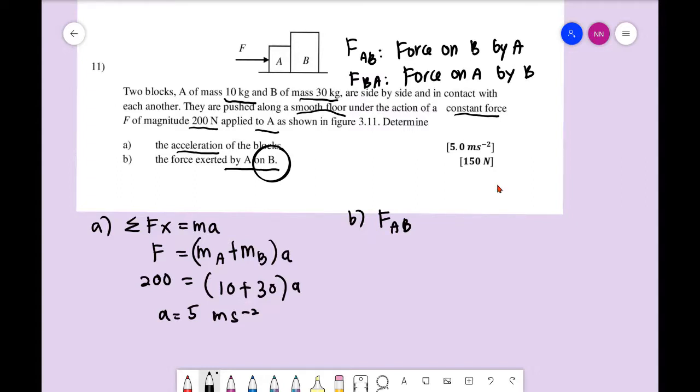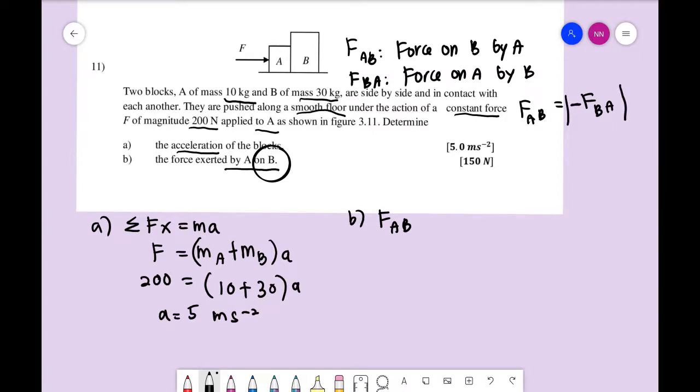Every action has a reaction, same magnitude but opposite direction. So force on B by A is equal to force on A by B, same magnitude but opposite direction, negative, like this.